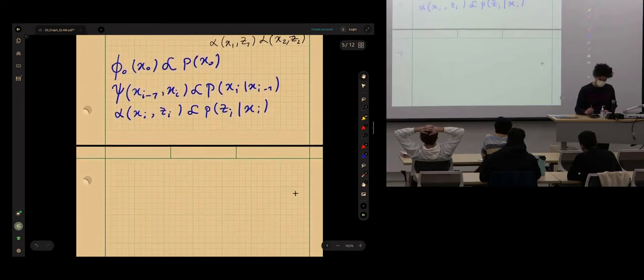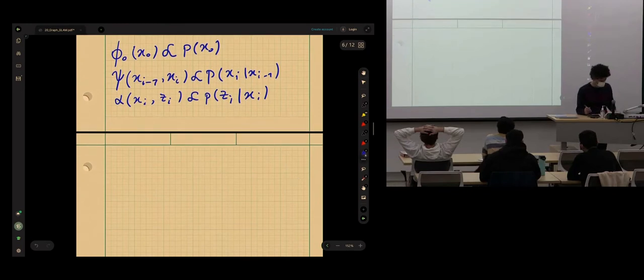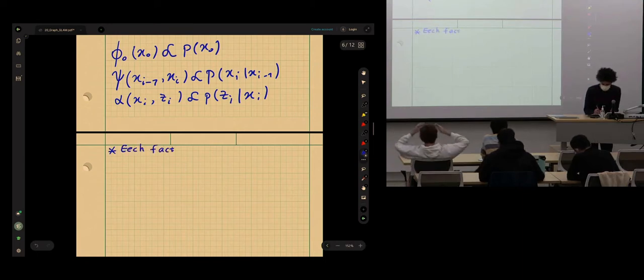So to summarize, each factor is a sensor or measurement model.